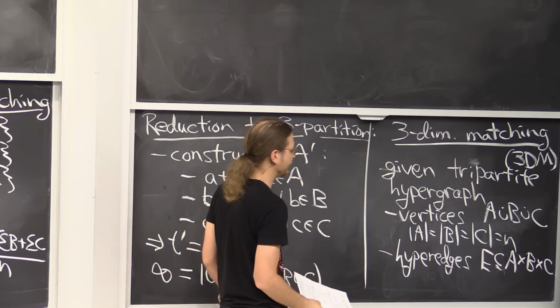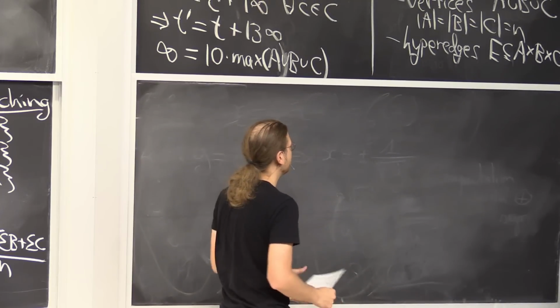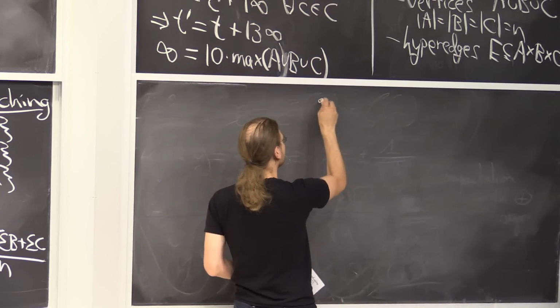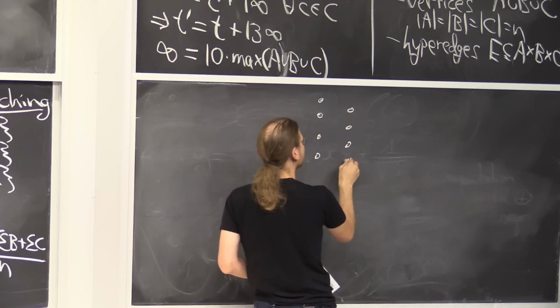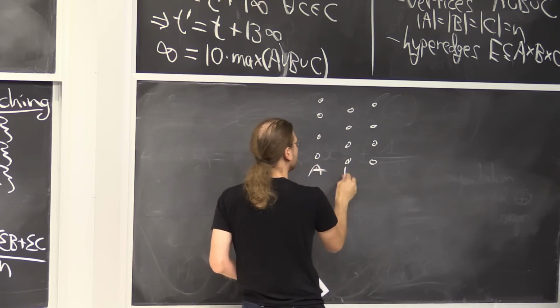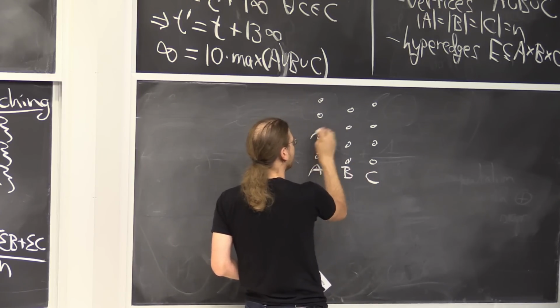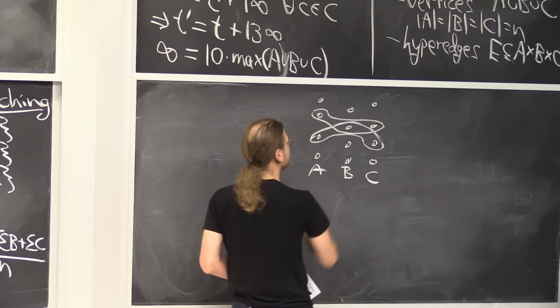So you have the set A, set B, I guess they're all the same size, set C, and an edge might look like this, or like this, or so on.